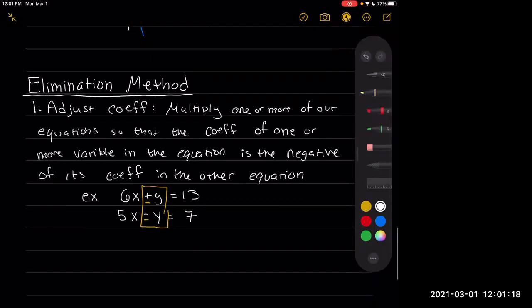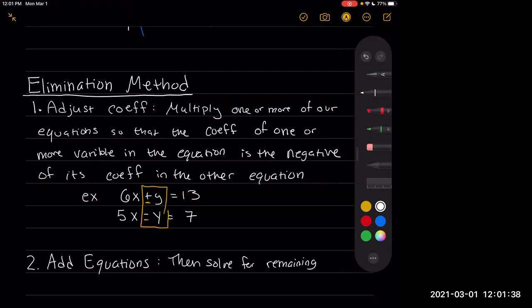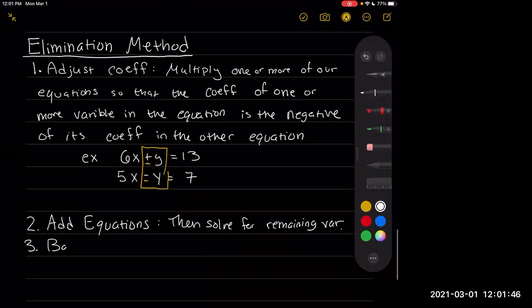And that's exactly what we're going to do in our second step, is we're going to add equations. And then we're going to solve for the remaining variable. And then we're going to back substitute again, just like in the first method.